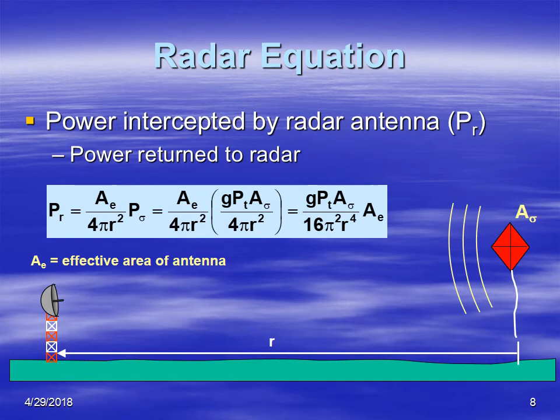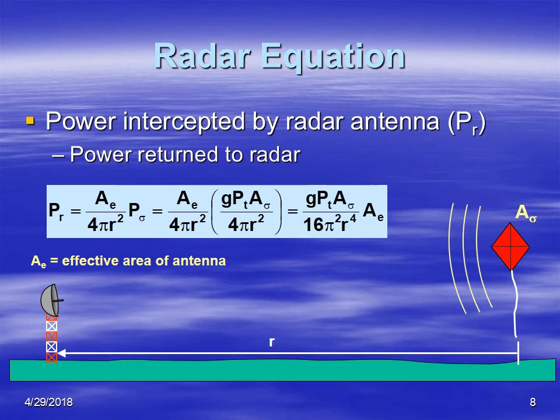As it travels back towards the radar, the signal is getting weaker and weaker because the amount of power for a given area over that radar beam is getting smaller. So we take the power that was received by that target, P sub sigma, multiply it by the effective area of the antenna, and then divide that by the surface area, which is 4 pi r squared, going back to the radar.